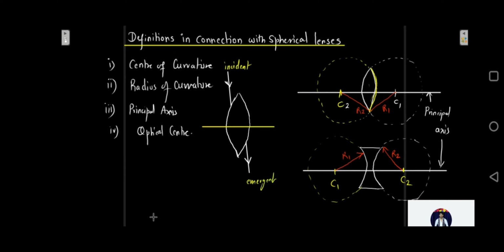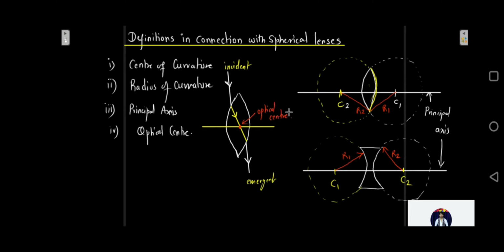Then the point at which the refracted ray intersects the principal axis: where is the refracted ray now? The refracted ray will be somewhere in between, like this. This is my direction of refracted ray. So the point at which this refracted ray intersects the principal axis, that is this point, is going to be the optical center of the lens.